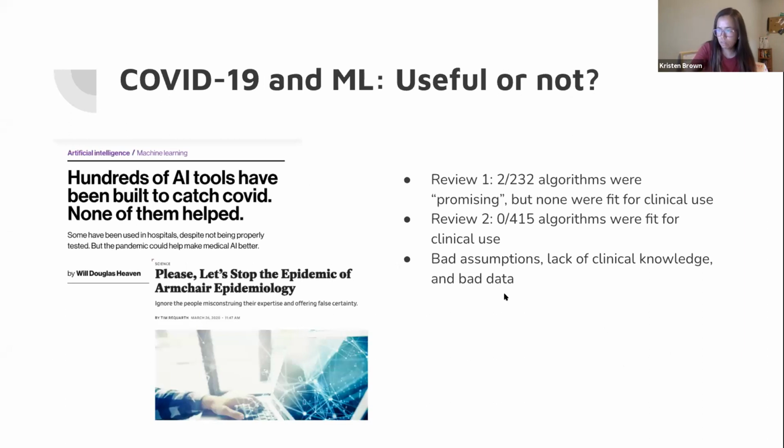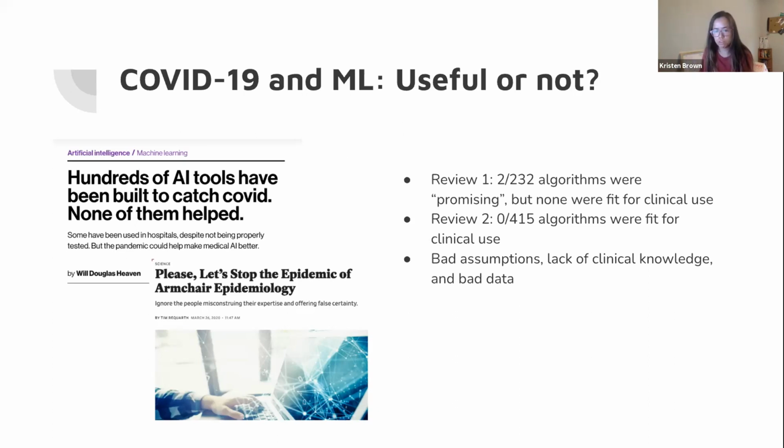I'd like to start off with a pretty relevant problem use case that we've had in the recent past. As we all know, COVID-19, the ongoing pandemic, and there were a lot of efforts to use machine learning, data science, and artificial intelligence to help do something about this.